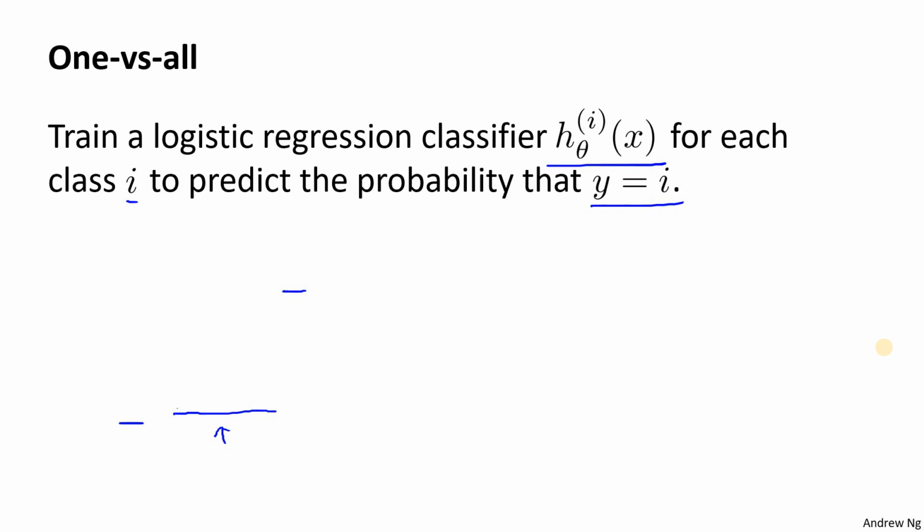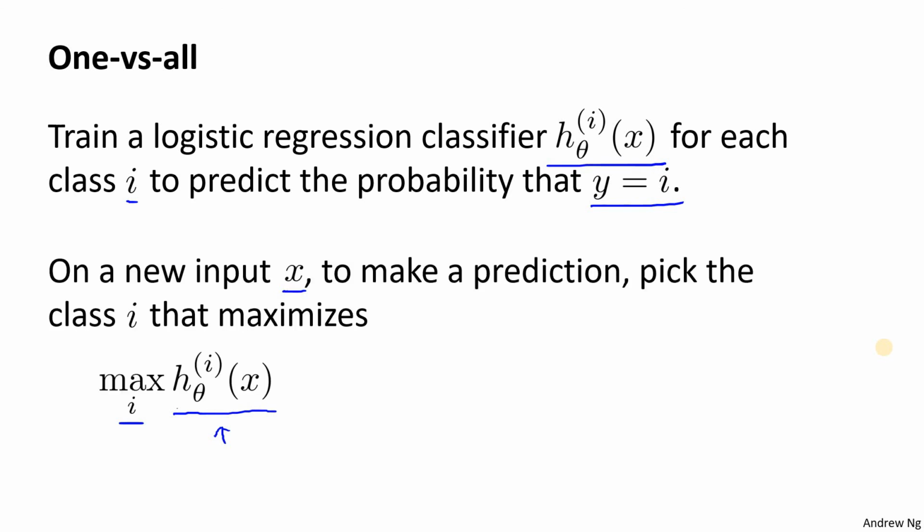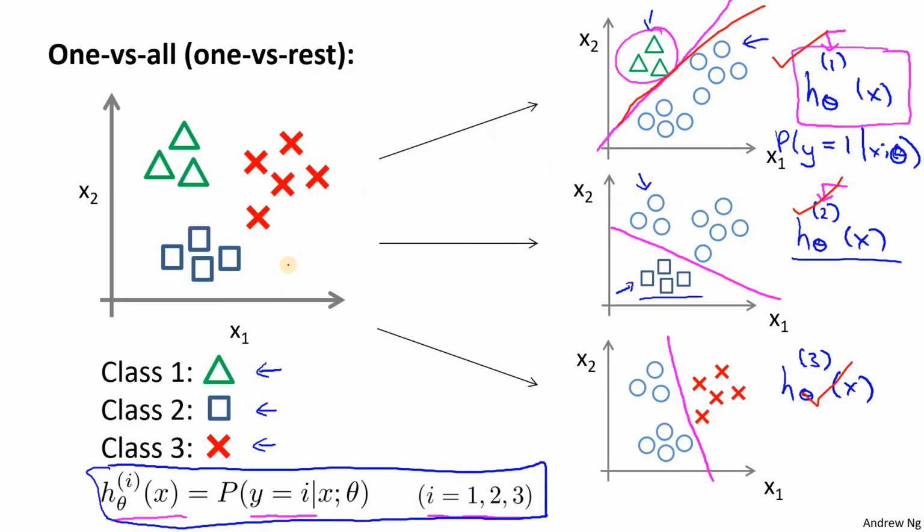So how does it work? We train a logistic regression classifier h for each class i to predict the probability of this class. On a new input x, we make a prediction and pick the class i that maximizes it.